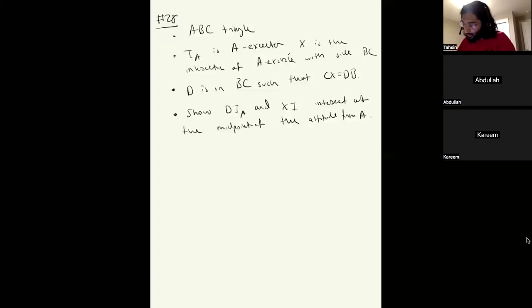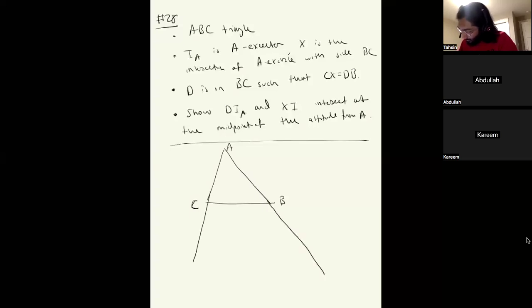from A. Okay, so let's try to draw some kind of picture first. So we have the triangle ABC. And we have also a circle here, which is tangent like this, let's say.